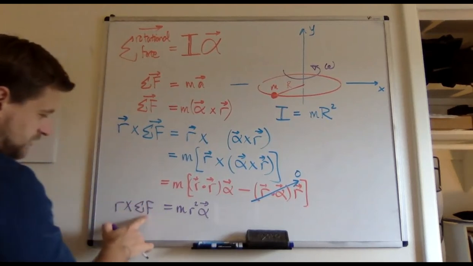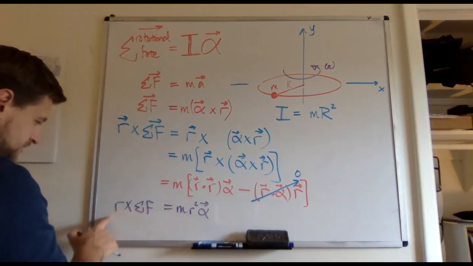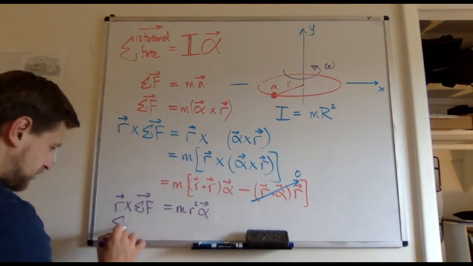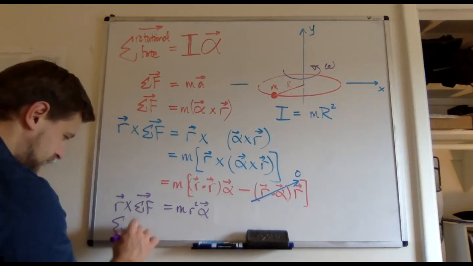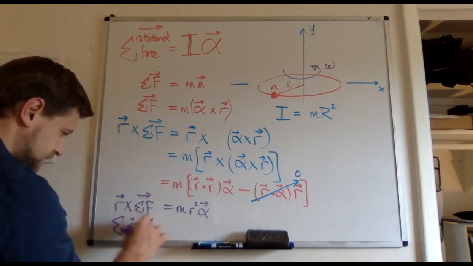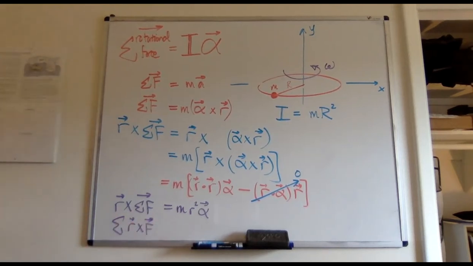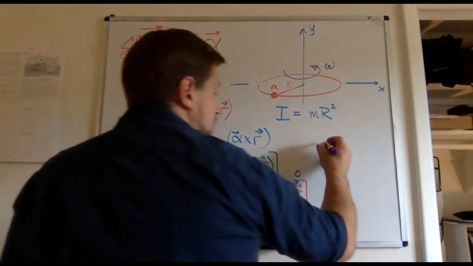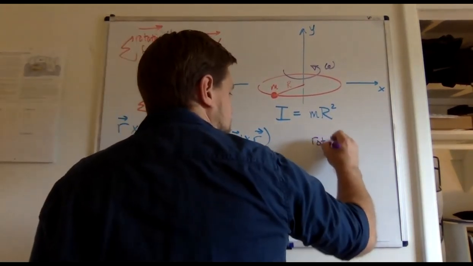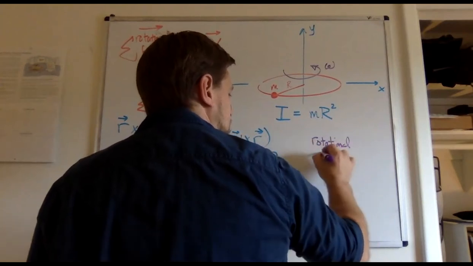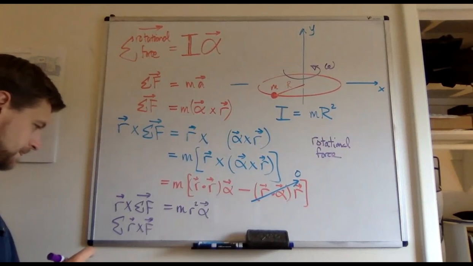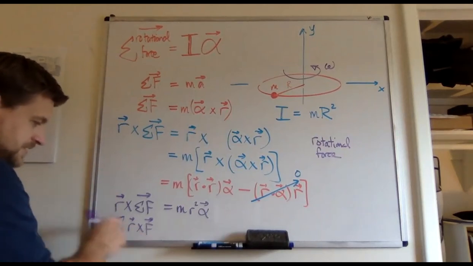So, okay, we take all the forces, add them all up like vectors and then cross with R. Or I suppose we could add up all of the possible things, R cross F. Which means rotational force is R cross F.